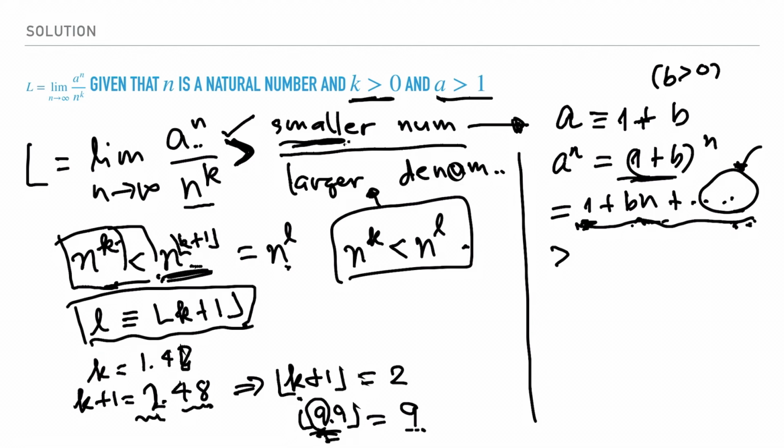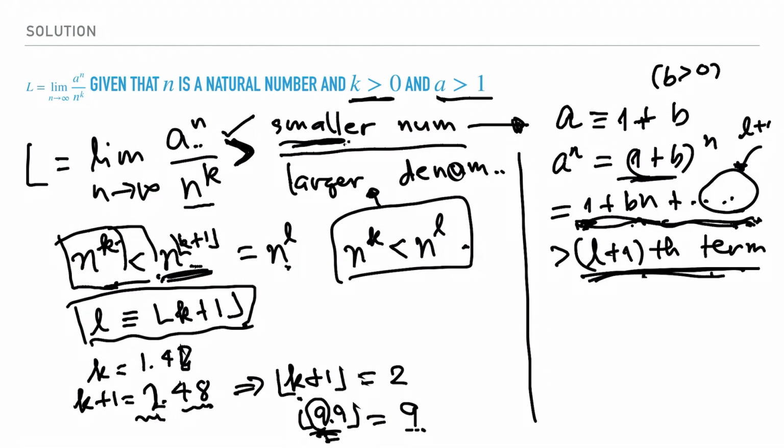For example, I'm just going to pick the L plus first term. We are guaranteed that the L plus first term is less than the sum of all the terms, because it's just one term included in this sum, and they're all positive.